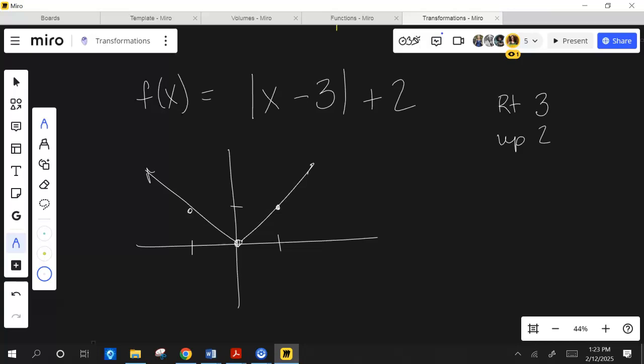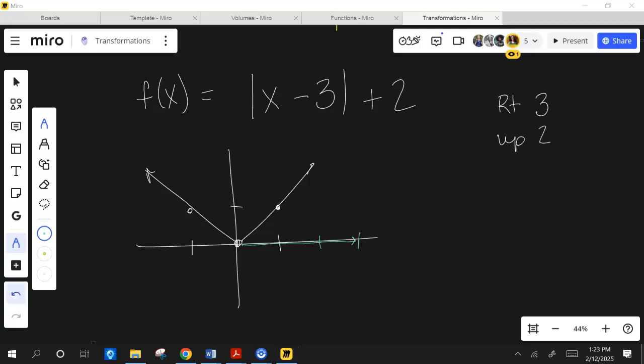Okay, look, boys and girls. This is the parent graph, yes? Let's make the little baby graph. I'm going to shift this to the right 3 and up 2. Every point goes to the right 3. 1, 2, 3.